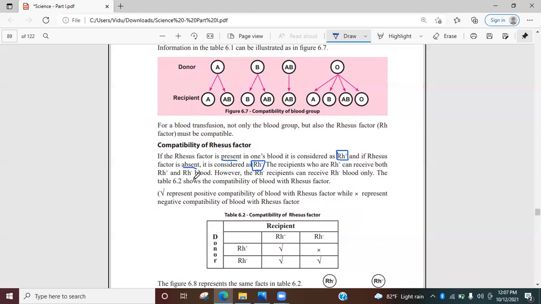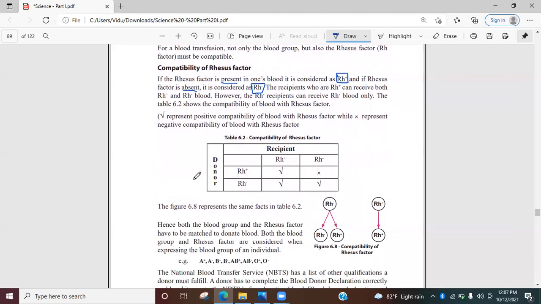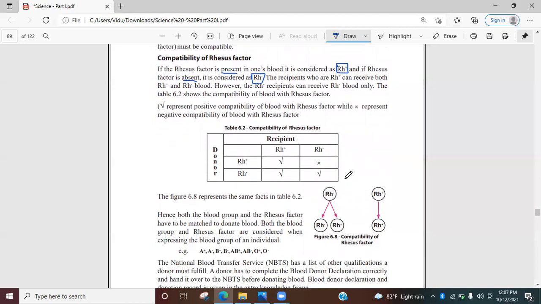They can't receive rhesus factor present blood. Here it shows donor and recipient: RH plus can get blood from RH plus and also RH minus, but RH minus can get blood only from RH minus.